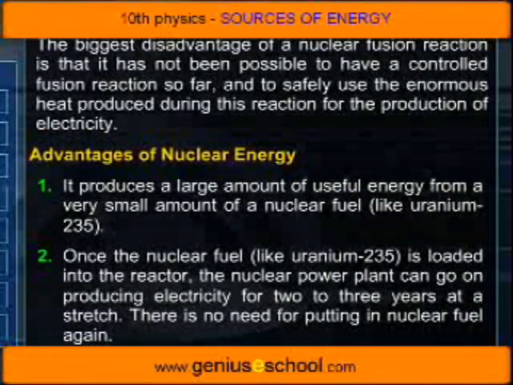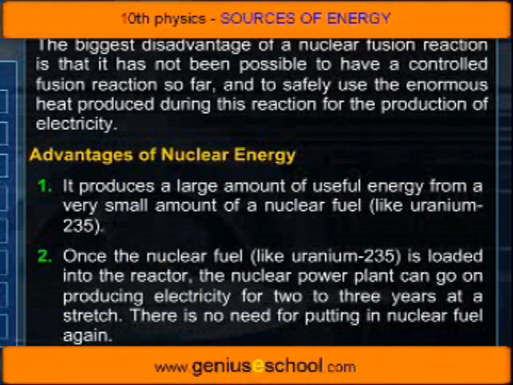The biggest disadvantage of a nuclear fusion reaction is that it has not been possible to have a controlled fusion reaction so far, and to safely use the enormous heat produced during this reaction for the production of electricity.